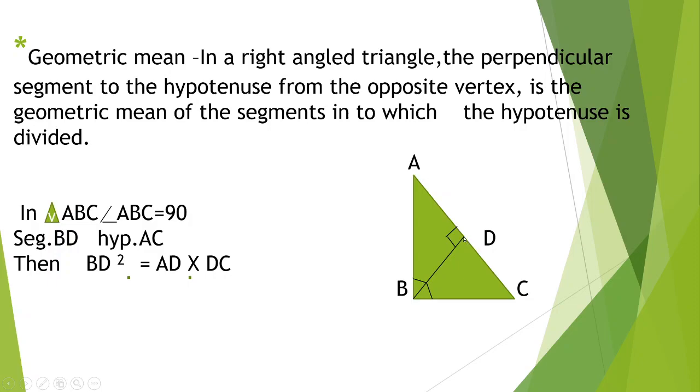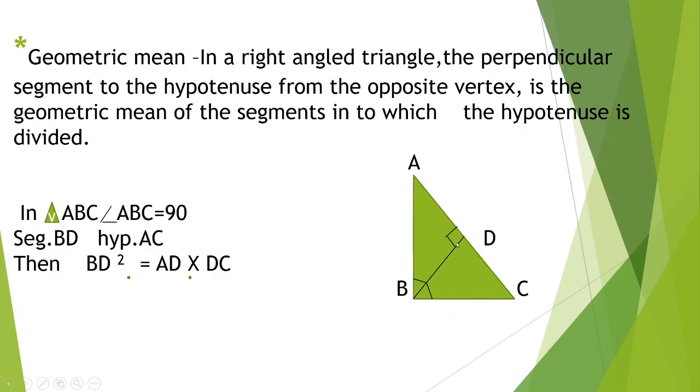Because of this D point, AC is divided in two parts, AD and DC. Then BD, which is perpendicular drawn at hypotenuse AC, is called a geometric mean of these divided parts AD and DC.